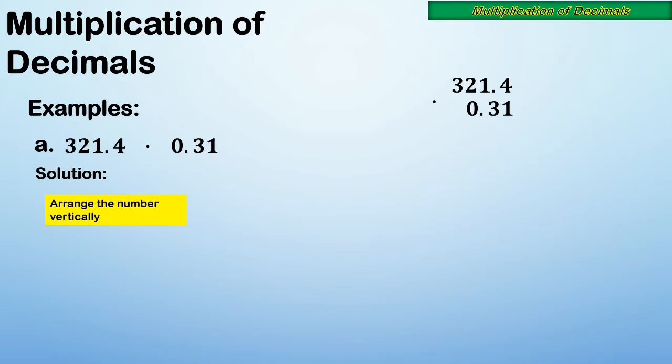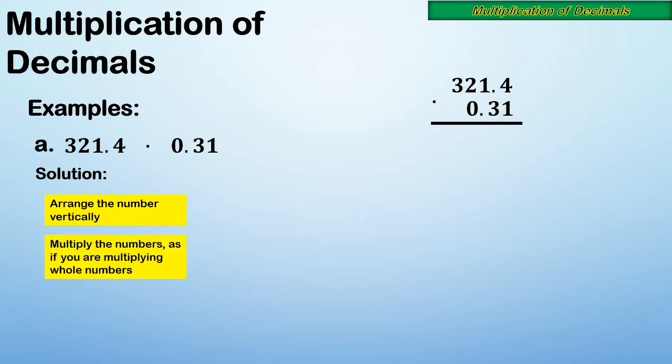Dito naman, not necessary na i-align natin yung decimals. Hindi katulad sa addition at subtraction, okay lang na hindi naka-align yung decimal. Then multiply those numbers. 1 times 4, 1 times 1, 1 times 2, 1 times 3, as when multiplying whole numbers.